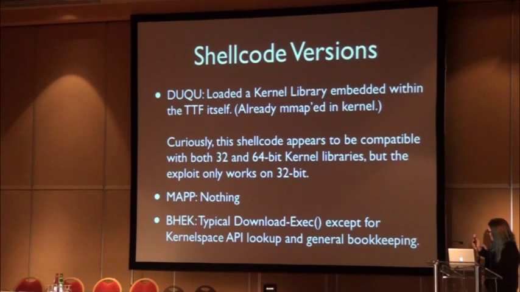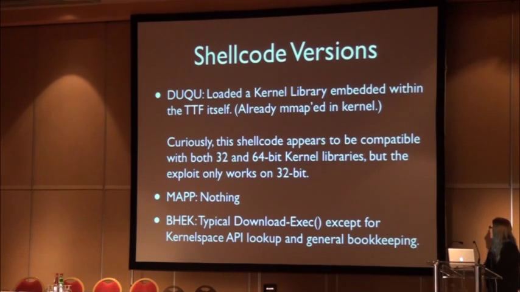So anyway, the map one basically had everything nulled out. And then the Black Hat one does the typical download-exec from the exploit toolkit website, and then runs it and stuff like that.